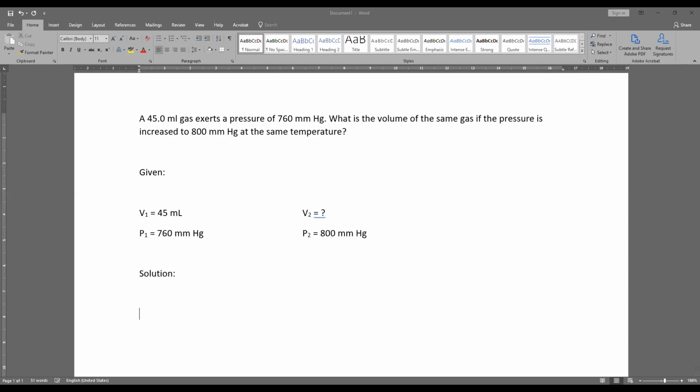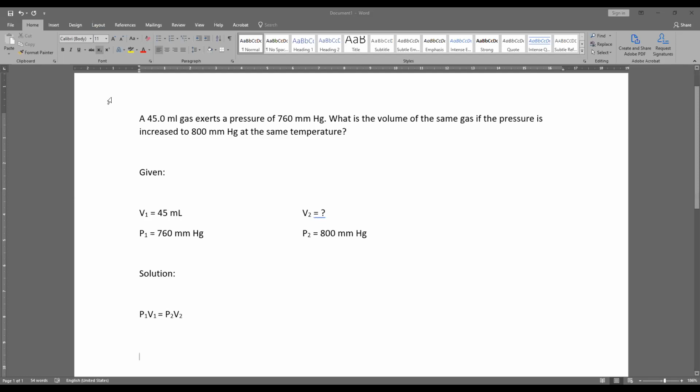The base formula is P1 times V1 is equal to pressure 2 times volume 2. Correct? Grade 10, are you still with me? Yes, sure. Okay.